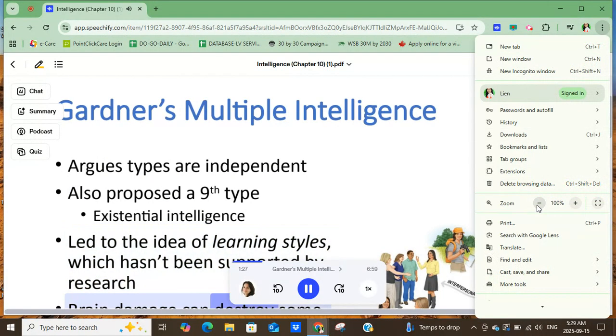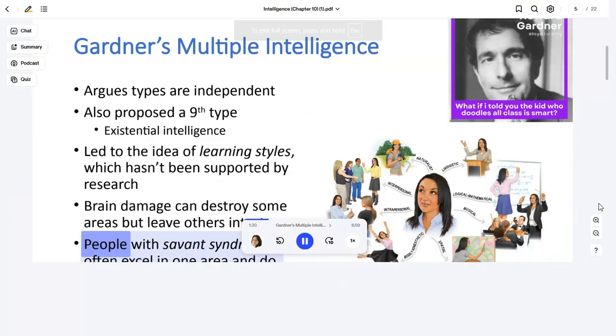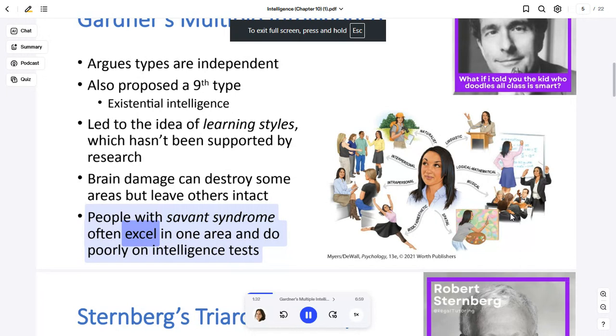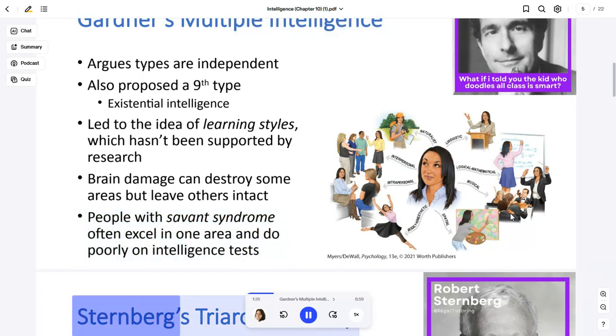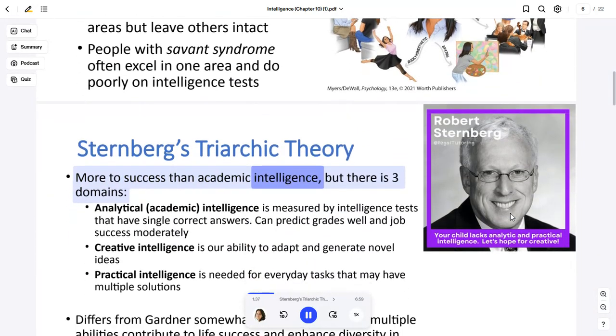Brain damage can destroy some areas but leave others intact. People with savant syndrome often excel in one area and do poorly on intelligence tests. Sternberg's triarchic theory: there is more to success than academic intelligence, and there are 3 domains. Analytical intelligence is measured by intelligence tests that have single correct answers, and can predict grades well and job success moderately.